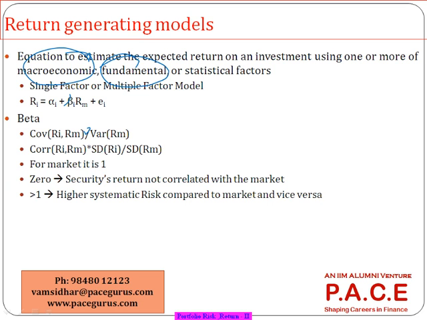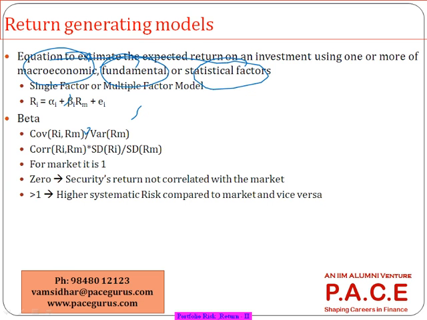I may say that the return on the stock price could be a factor of macroeconomic, fundamental, or statistical related factors also. Now, if I try to build a relationship between the return and these factors, some equation between the two, return equal to something times this, something times this, some kind of an equation like this, that is what we call a return generating model, right?